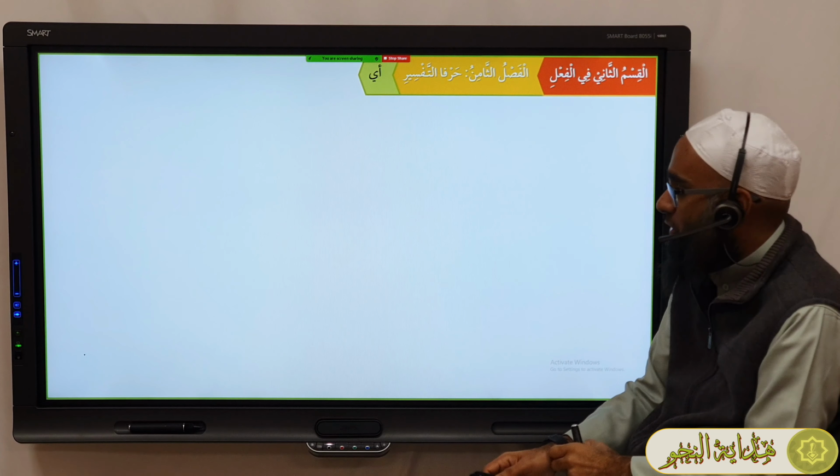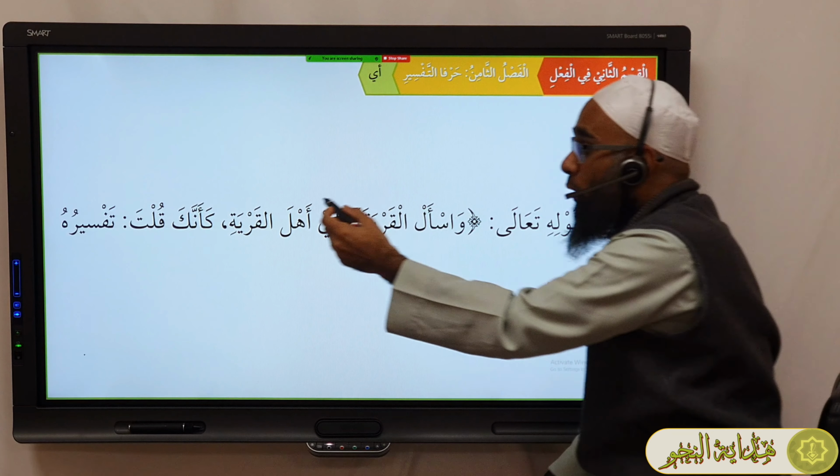So he says, فَأَيْ. So أي كقوله تعالى واسأل القرية أي أهل القرية. So the example is not really in the Quranic verse. The example is in the whole part.